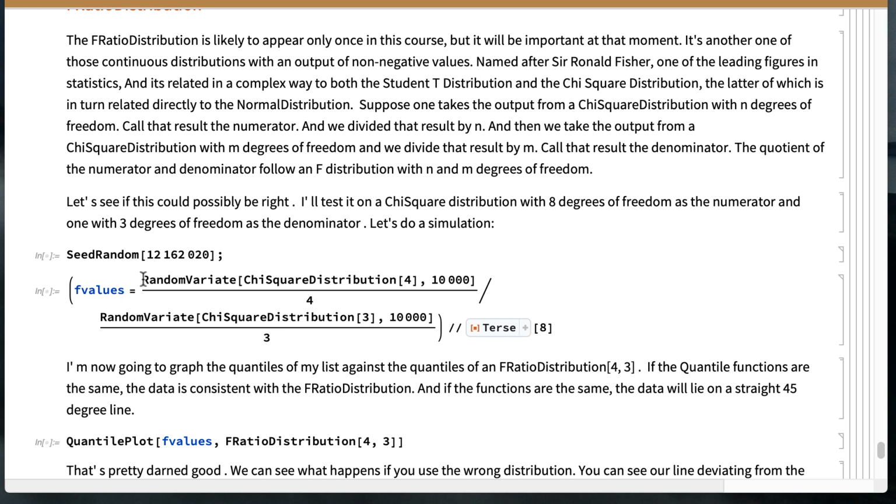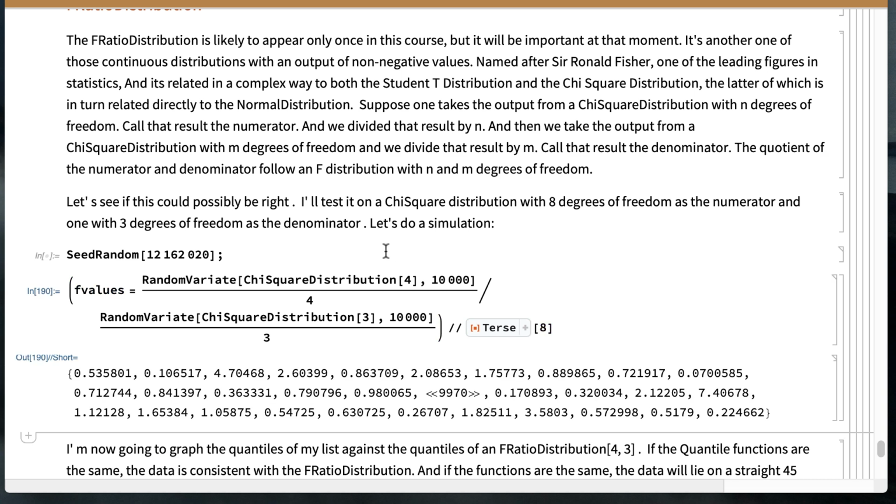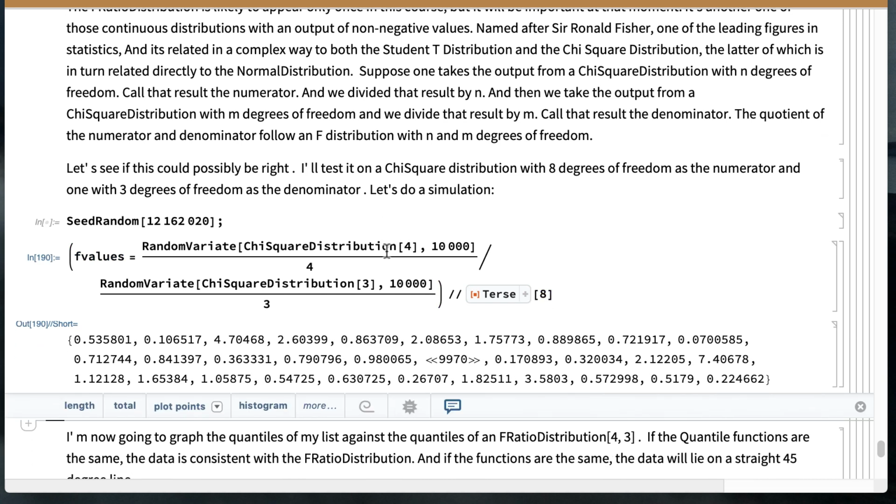And we then said that quotient, that nested quotient, had a value. It's going to have some value, and we called that the F value. This F value will be distributed according to the F ratio distribution.